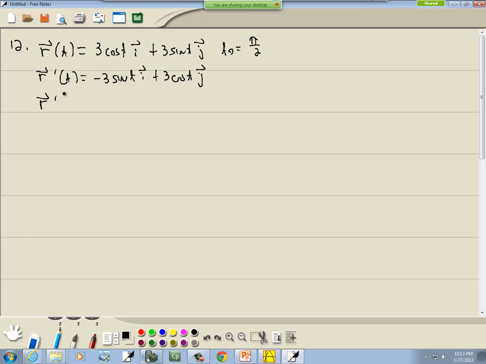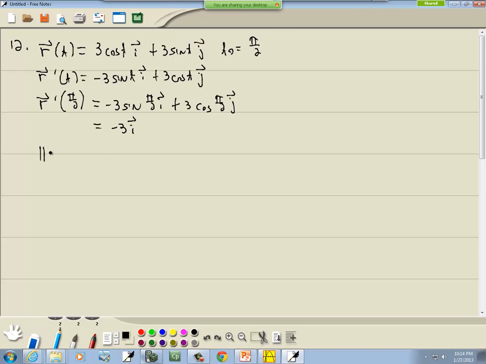And if we plug in the pi over 2, this becomes negative 3 sine pi over 2 i plus 3 cosine pi over 2 j. Now sine of pi over 2 is equal to 1, so this is negative 3i. Cosine of pi over 2 is 0, so 0 times 3 is 0, times j is 0, so that drops away.